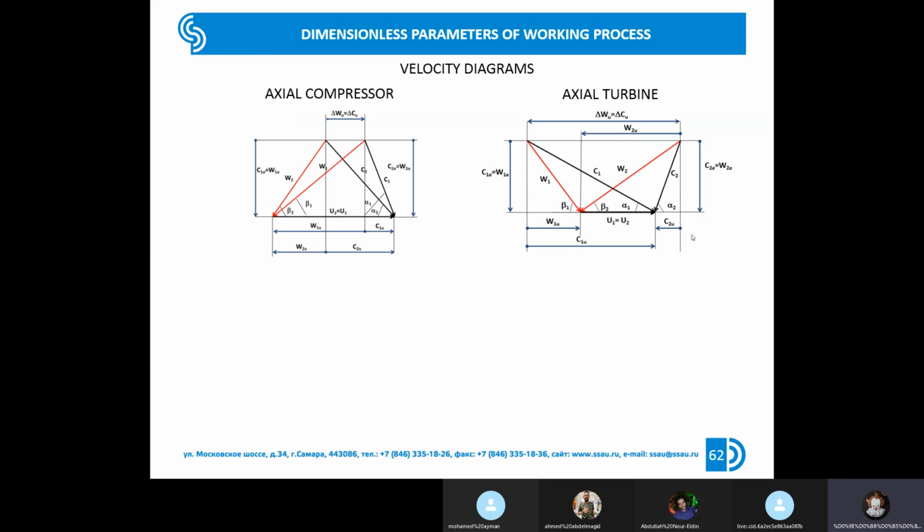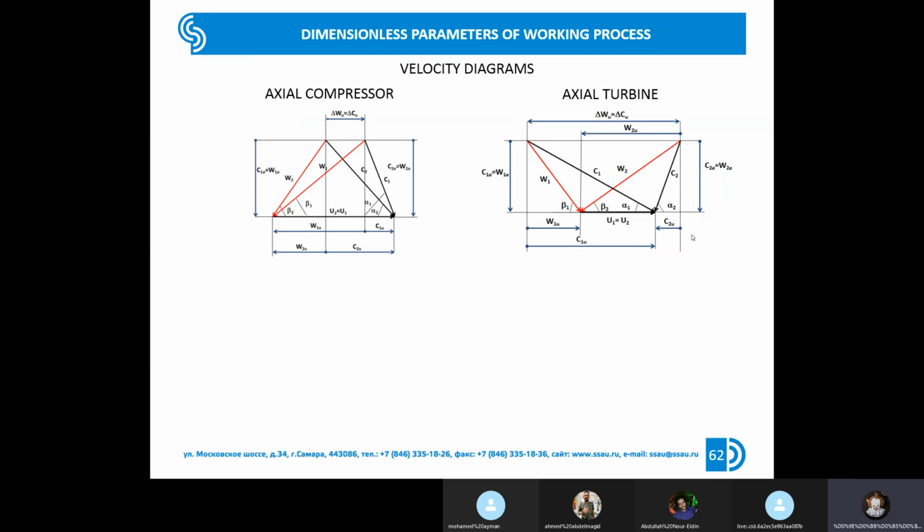How do you think? In reality, it looks like a lot of parameters. And if we say more complex, how many parameters do you need to set to describe the working process of a turbomachinery stage? A lot of parameters, 100, maybe, I don't know.